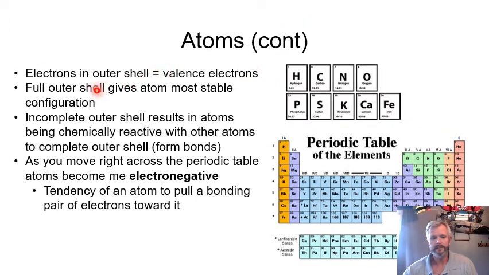So as we said, the outer shell of electrons is called the valence electrons. So outer shell, what do we have? We have 6 valence, but we need 8 if we're oxygen to get to the most stable.